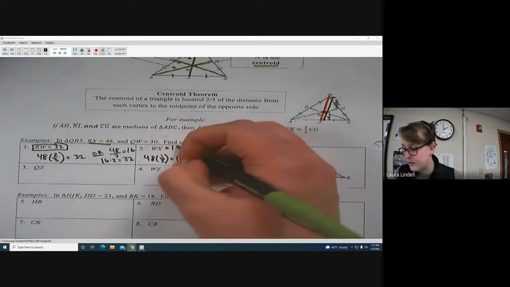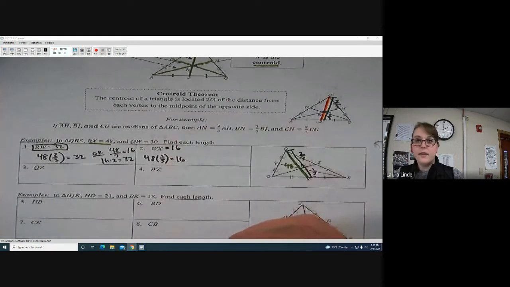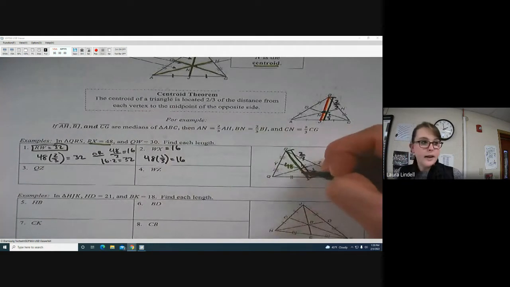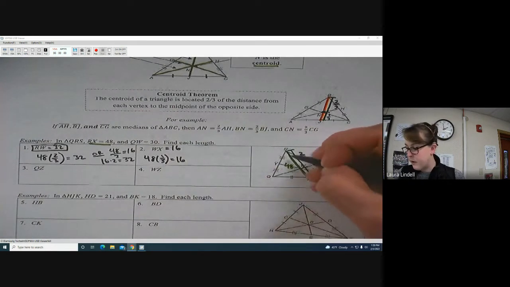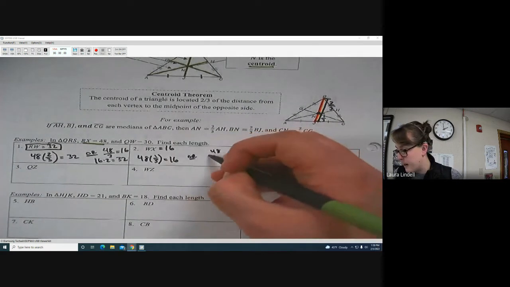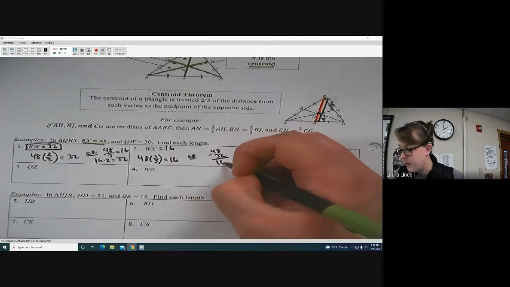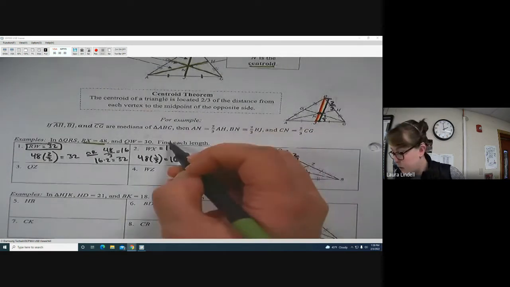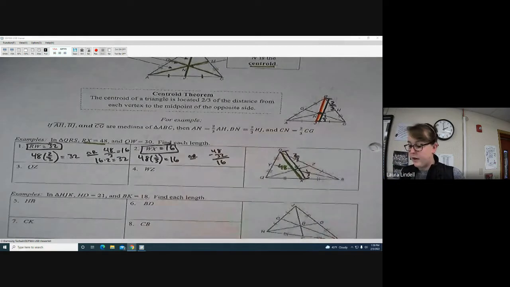So WX is 16. The other thing you could do, though, is since you know that the whole thing is 48, and we just figured out that the 2/3 part was 32, you could go 48 minus 32 to get the remaining part, which would be 16. Either way you want to do that is totally fine. You should get the same answer either way.